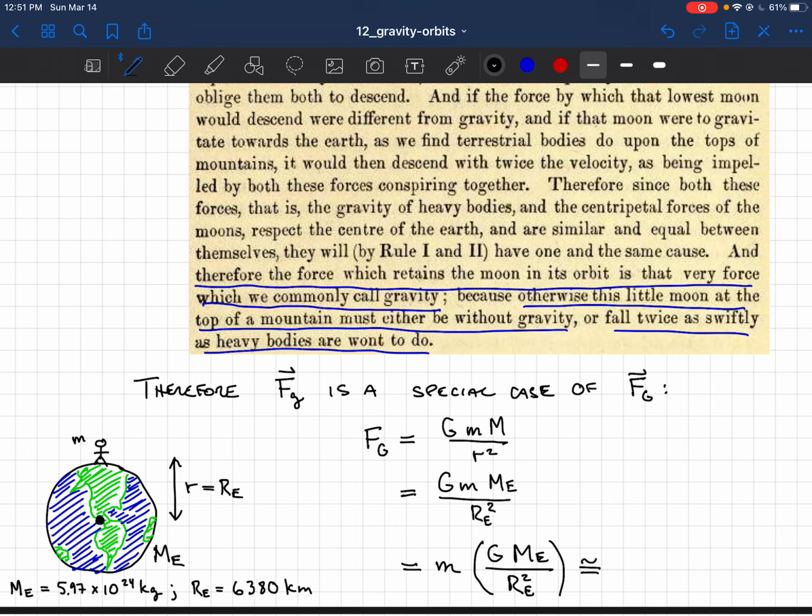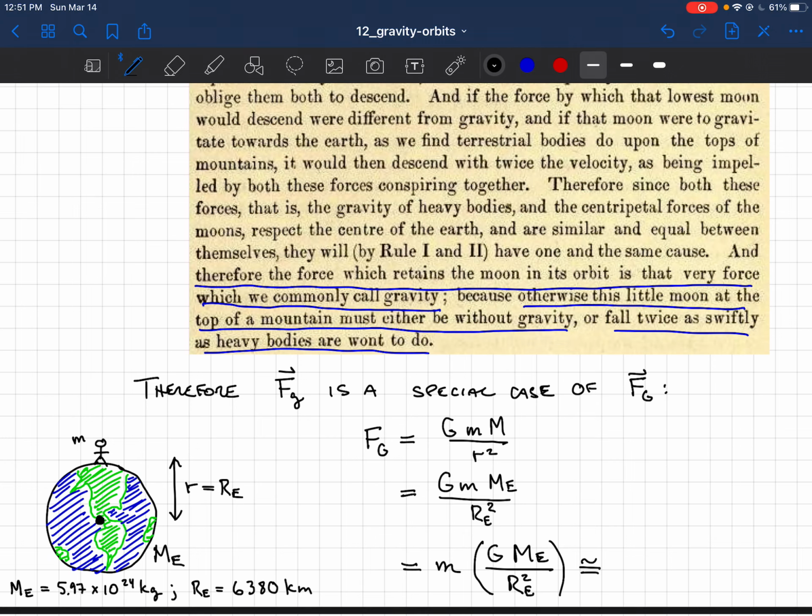So let's type that into the calculator. So what do we get? Well, big G is something like 6.7 times 10 to the minus 11. The mass of the Earth is 5.97 times 10 to the 24 kilograms, and then divided by the radius of the Earth, which is 6.38 times 10 to the 6 meters.